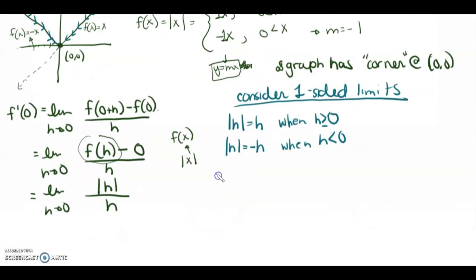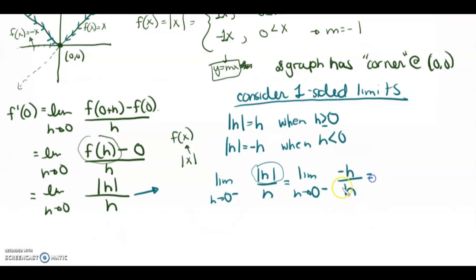Okay, so the limit as h approaches 0 from the negative side of the absolute value of h over h, right? We're just taking that from the limit, is going to equal the limit as h approaches 0 from the negative side. So because we're approaching from the negative side, this is going to have negative h subbed in.